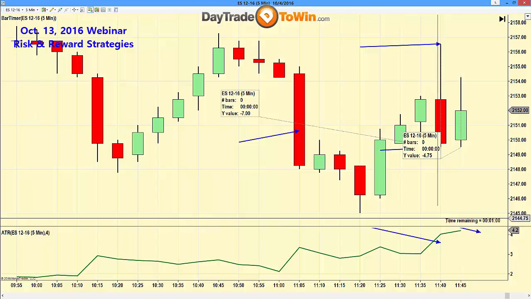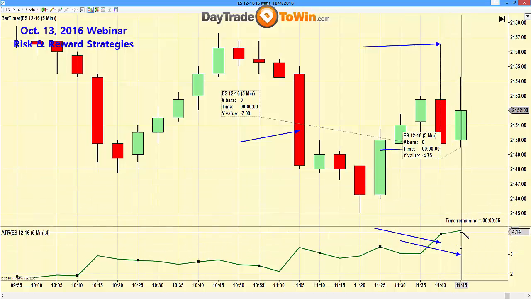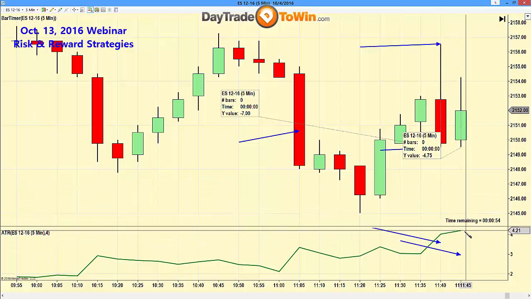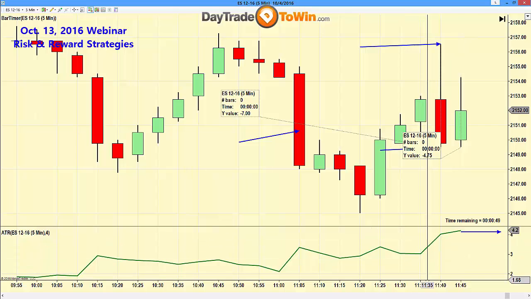So if your stop is less than this value, you can see how easy it is to get knocked around and chopped up with the market moving in the opposite direction against you, equal to or more than what it's currently doing.